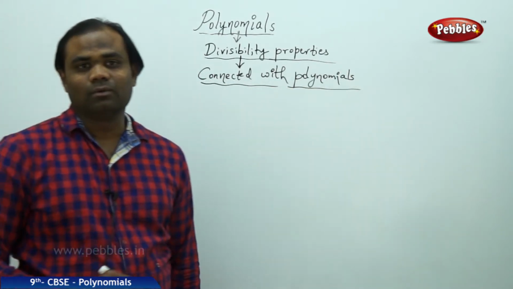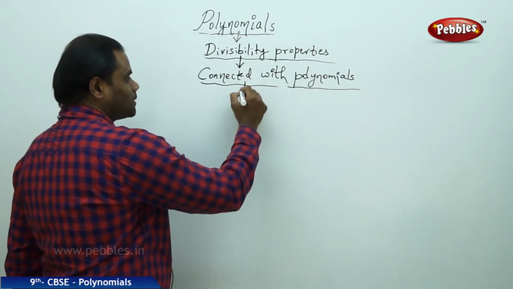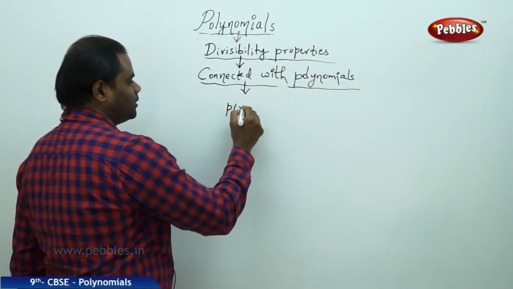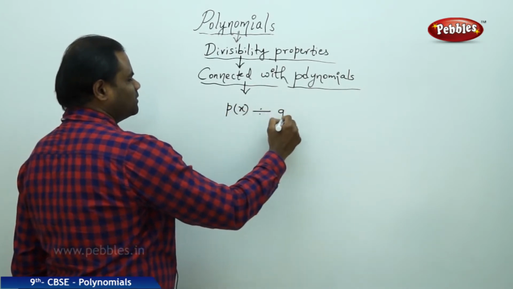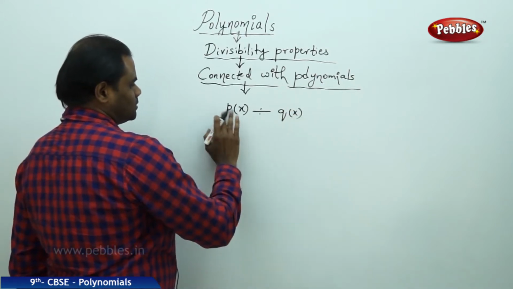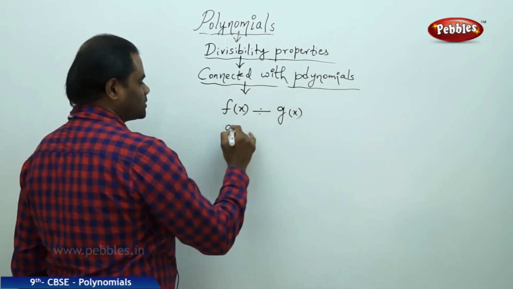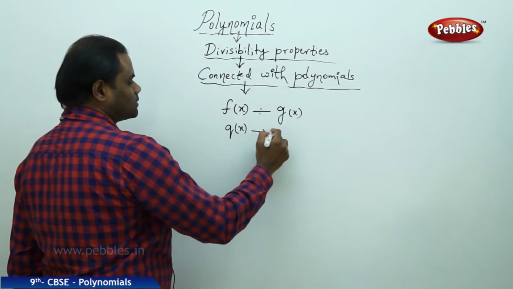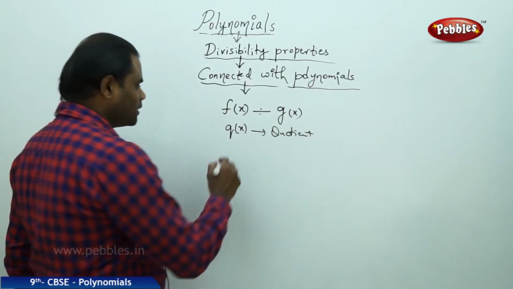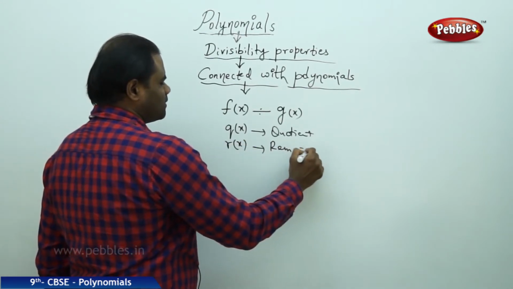So let's see how we get the divisibility property through the polynomials. Say for example, f of x divided by g of x, the quotient is say q of x and the remainder is r of x.